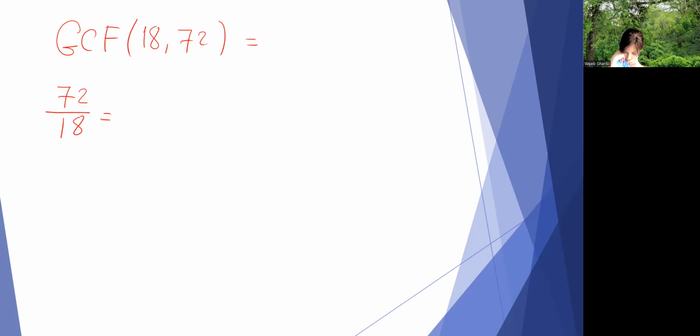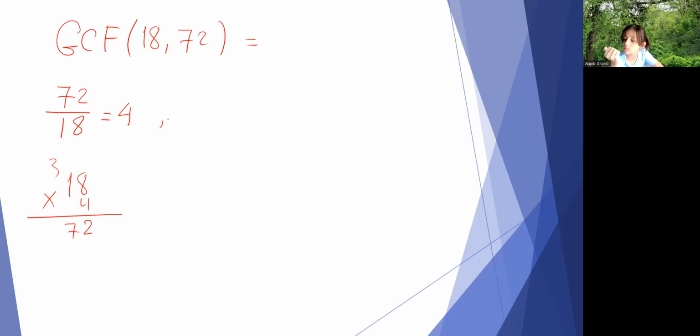I think it's 4, because let us multiply 4 by 18. 4 times 8 is 32, and 4 times 1 is 4, and 3 makes 72. So 4.